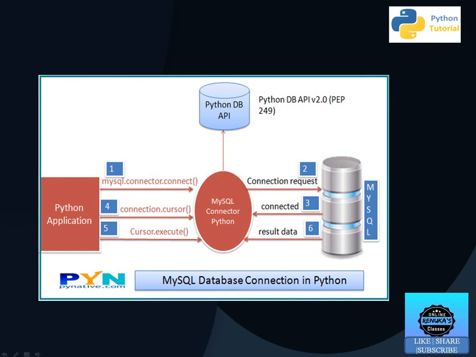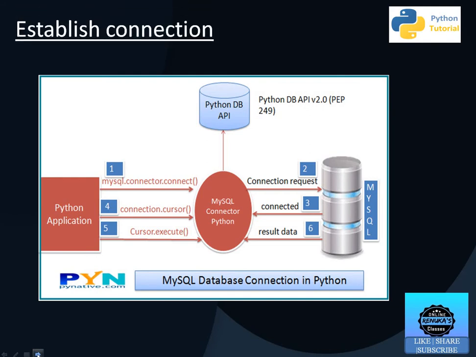This is the diagrammatic representation. First connect, then a request will be sent for connection. After connecting, the cursor can be created, and with the help of the cursor we can execute commands and take the result data, and that data can be displayed on the application.